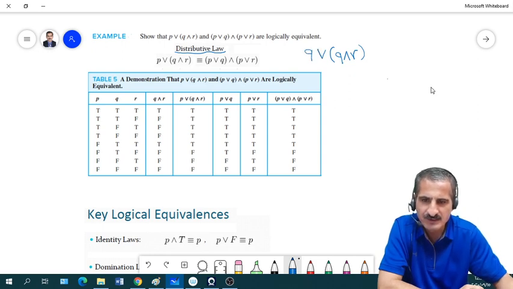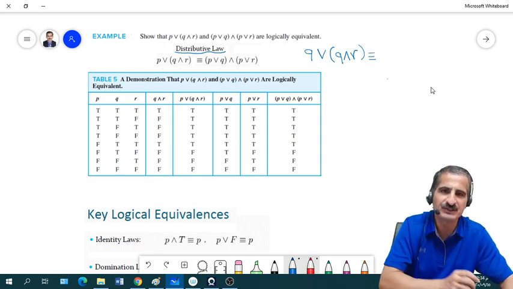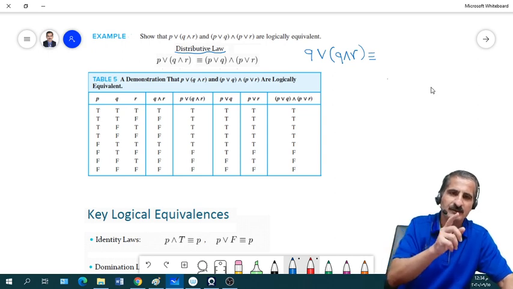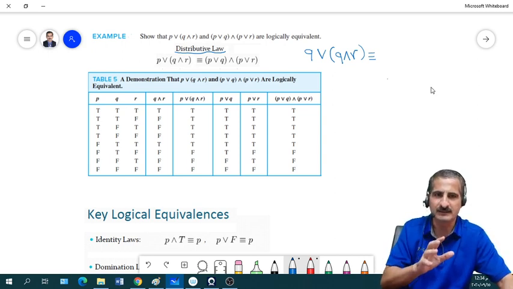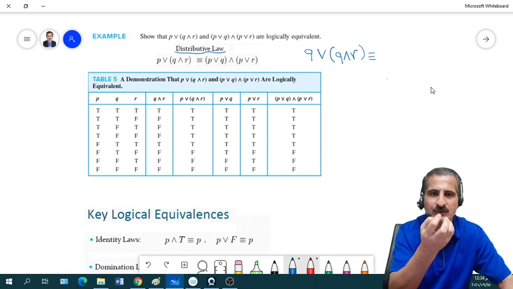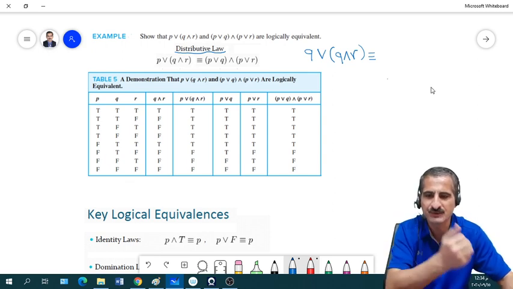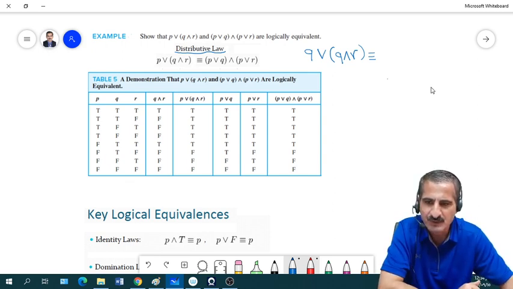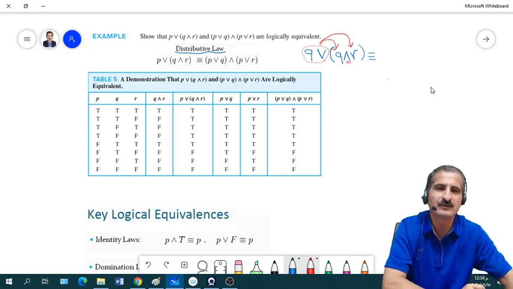Now, this is equivalent to what? I will distribute. Now notice this disjunction goes over Q and R. So we first do Q and R and then make the conjunction. So we will distribute the disjunction and the Q over Q and over R, and we will keep the conjunction here.